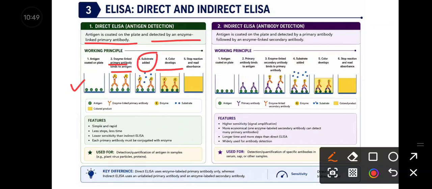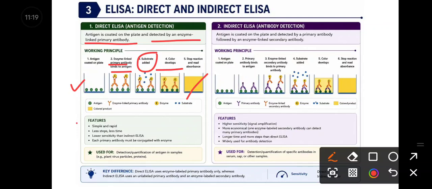The reaction is very specific. So if any color change is there, our concerned antigen or our concerned virus is there. So we will read the intensity of the color change, and by that we can detect the amount or concentration of that particular antigen.